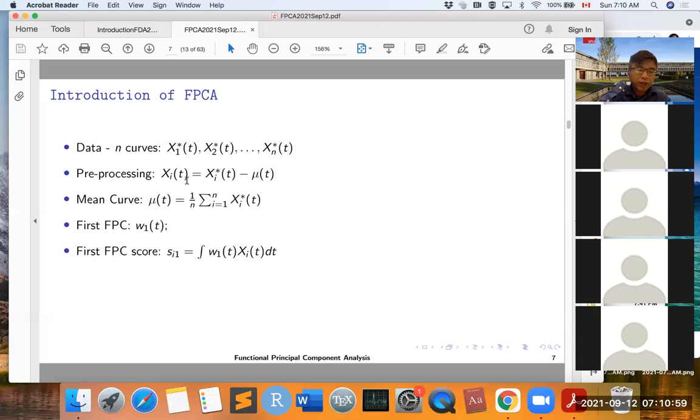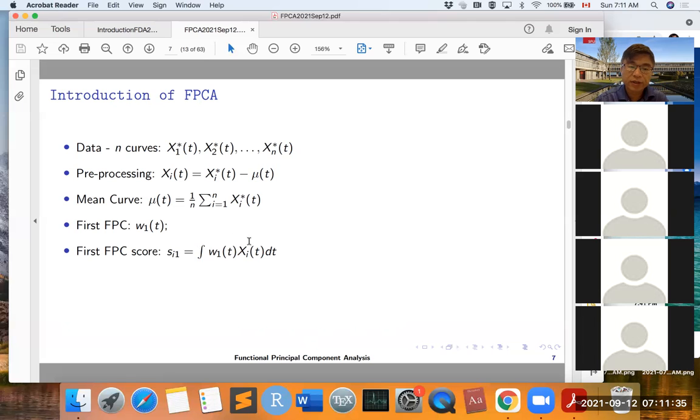So what we will do is, suppose the first FPC is W1(t). Then we project the curve xi(t) onto the first FPC W1(t). The projection is the inner product of these two functions. In functional space, the inner product is the integral of the product of W1(t) multiplied by xi(t).